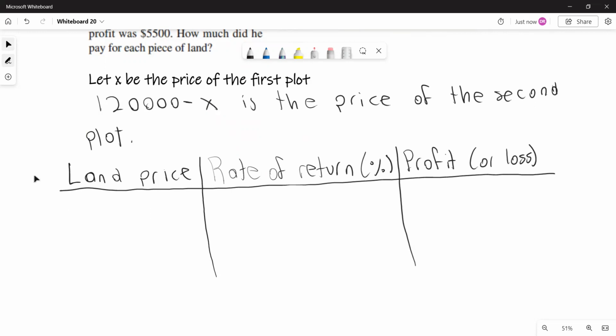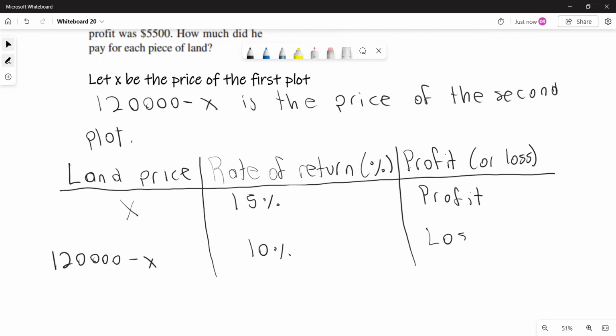Okay, so the land price was X for the first plot, and 120,000 minus X for the second plot. The rate of return was 15% on the first plot and 10% on the second plot. And so he made a profit from the first plot, but he lost money from the second one.